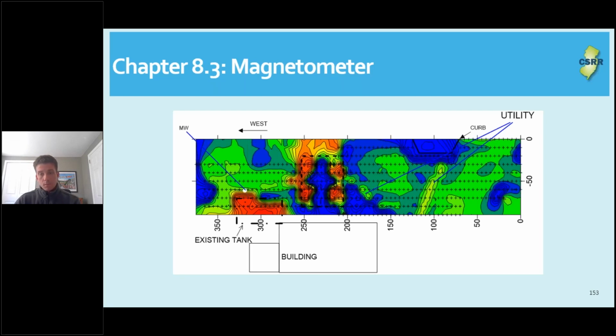And so on the bottom left is an anomaly from 2 known tanks where they were at this site. And then in the middle there, sort of between the 200 and 250 meter mark, there are 4 other anomalies, which also indicate 4 additional buried tanks that were located at this site. So, yes, next slide, please.